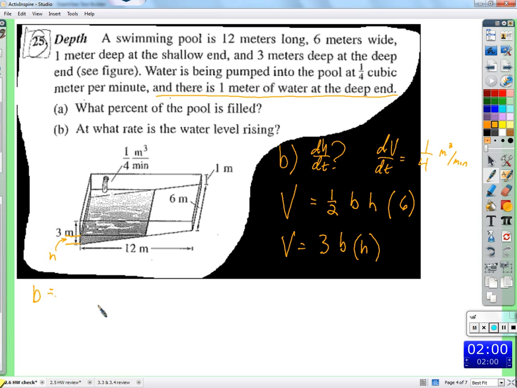b is equal to h times what? 6? h times 6? Yeah. If it's 2 meters, it's 12. If it's 1 meter, it's 6. And that'll work for 1 meter, half a meter, 1.5, 1.75, anything up to 2.